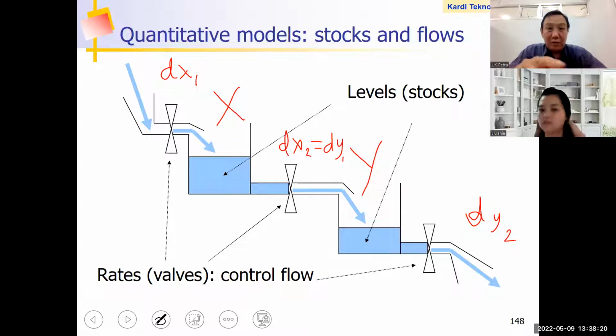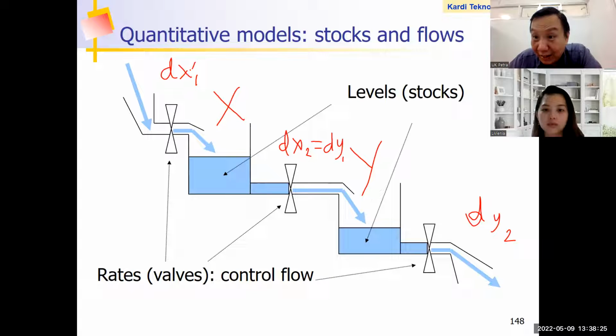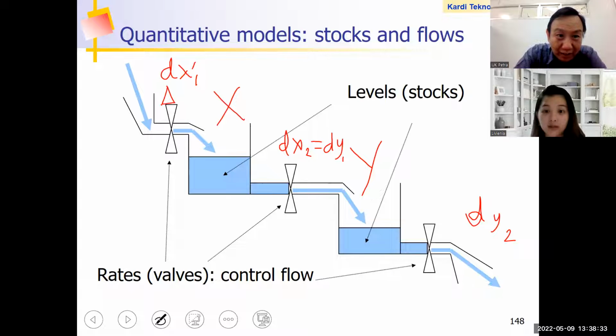Or this is in differential, right? So if you don't like that, in our system now, you put delta x, delta x1, delta x2. So then what is the equation here?